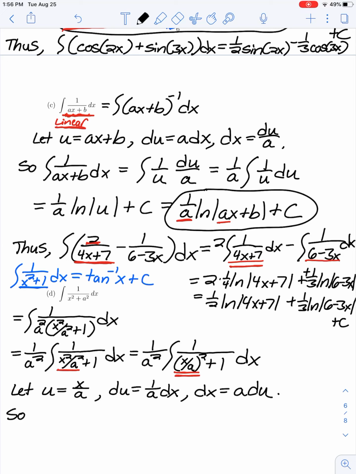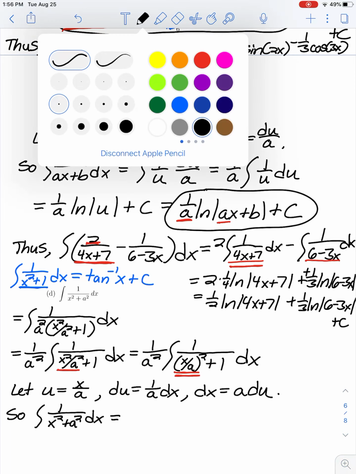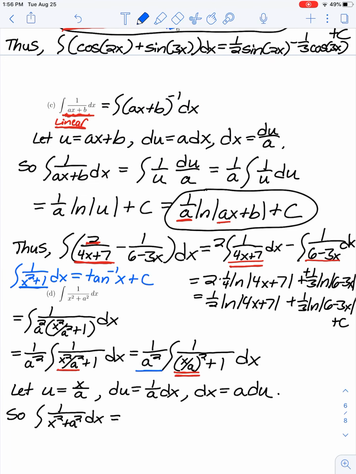So going back to our integral of 1 over x squared plus a squared dx, we're going to rewrite that as follows. So remember, out in front we had a 1 over a squared times the integral of 1 over, now x divided by a is what I was calling u, so I have 1 over u squared plus 1, and then the differential dx on the end we said is equal to a times du.